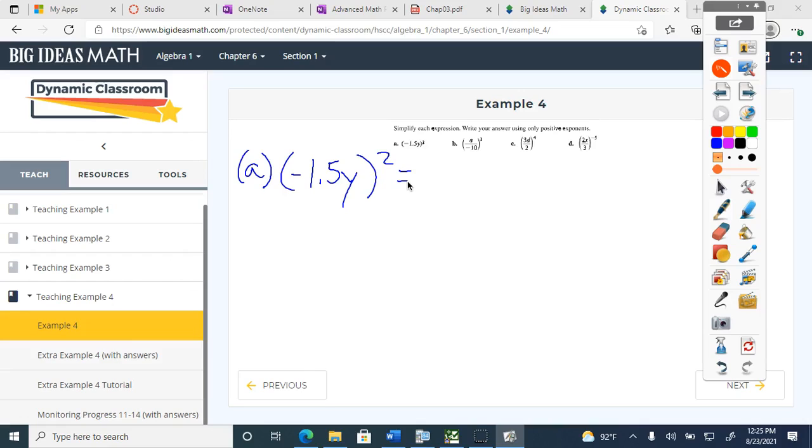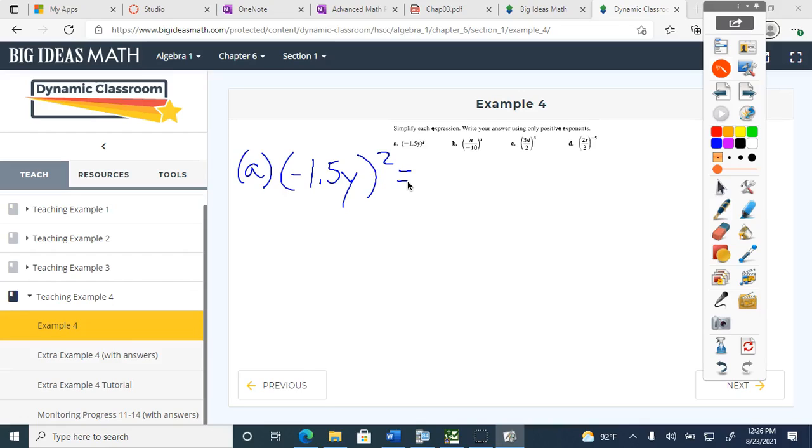What power is everything going to? 2. What gets the second power here? Everything inside the parentheses. So I'm going to take my calculator and do negative 1.5 squared in parentheses.